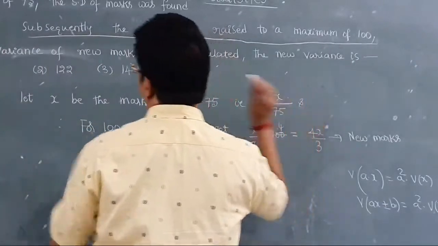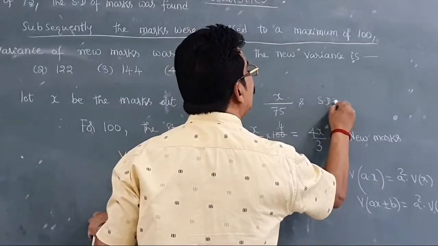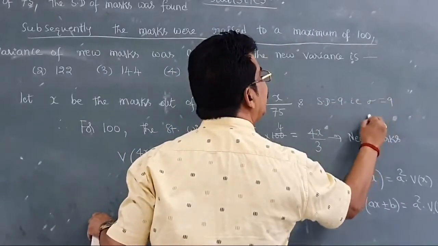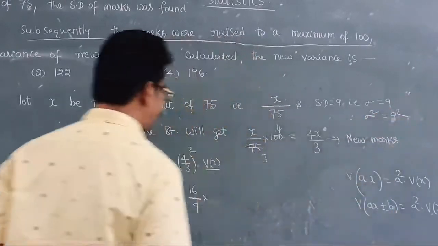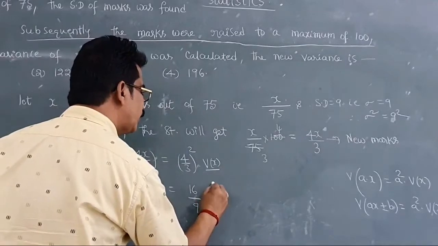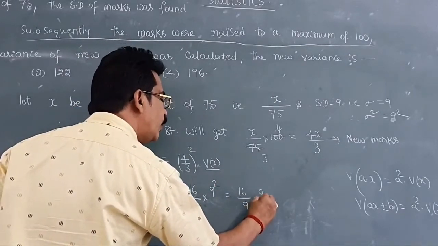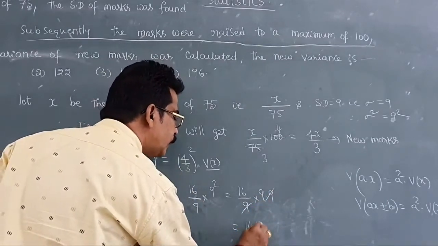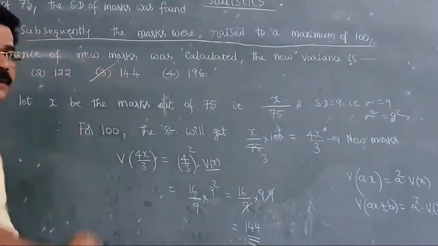Here it is given SD equal to 9, that is sigma equal to 9, therefore sigma square equals 9 square. So 16 by 9 into 9 square, cancel, that is equal to 144. 144 is in the third option, hence the proper option.